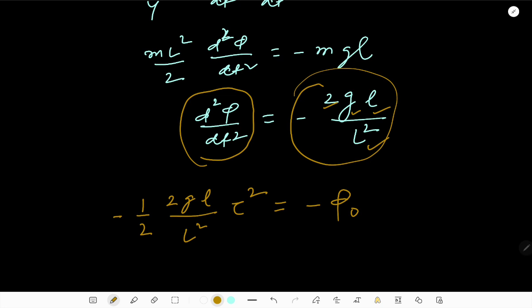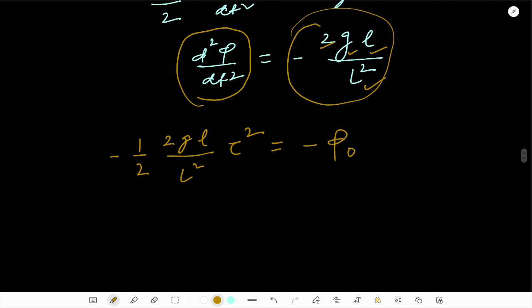So it was initially rotated to an angle phi naught, and then it becomes 0, so its angular displacement is minus phi naught in this time interval tau. We get the value of tau from here, and it is something like phi naught upon gl. The 2 gets cancelled out, and capital L can be taken out of the square root because it is already a square.